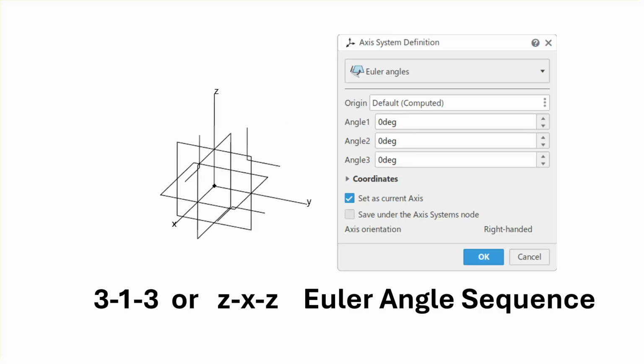The specific one implemented in CATIA, 3DEXPERIENCE CATIA, is the 313 sequence, or ZXZ sequence. When you click on that icon, a coordinate system is automatically created for you, aligned with the global coordinate system, denoted here with X, Y, Z.